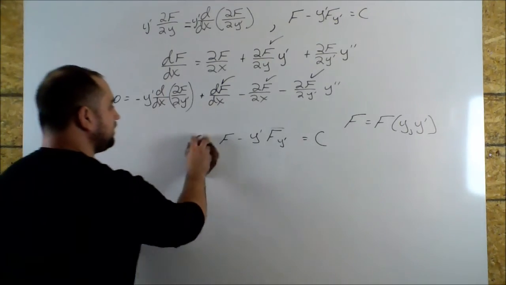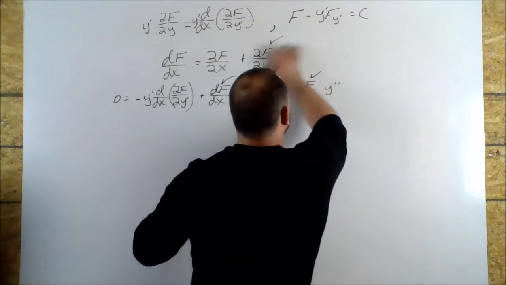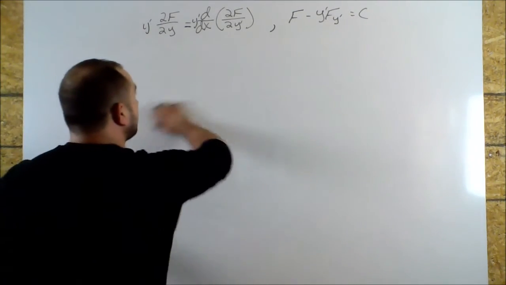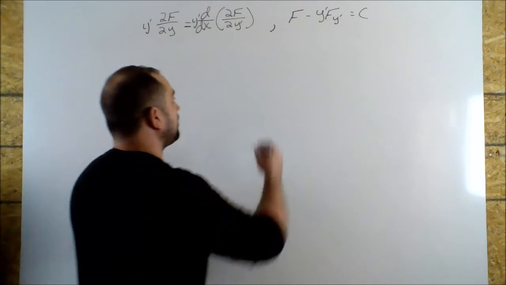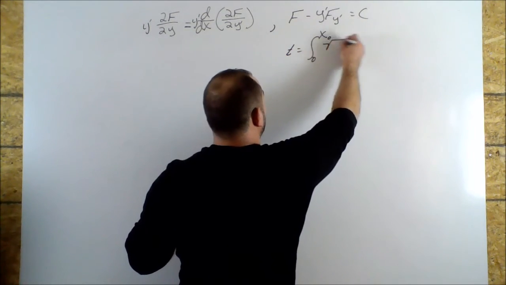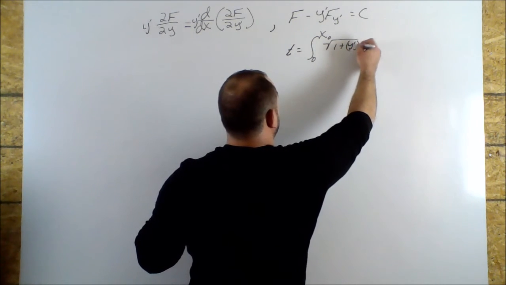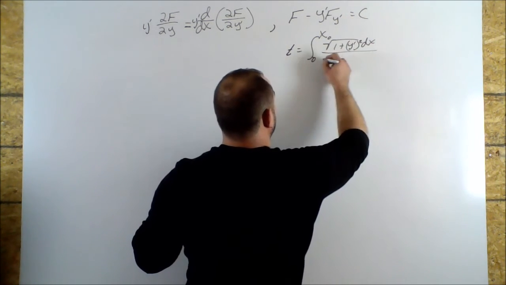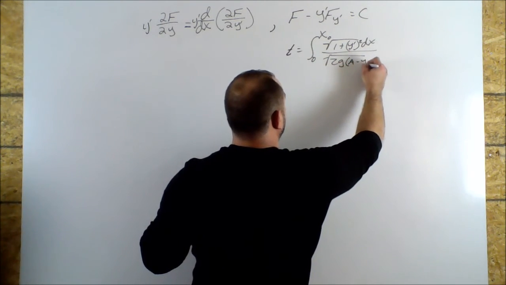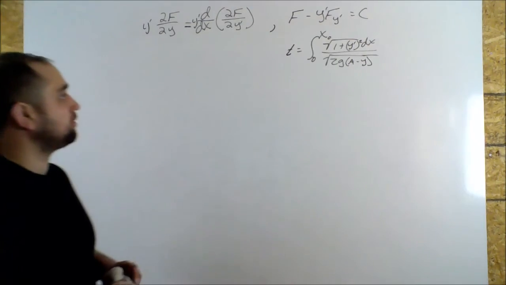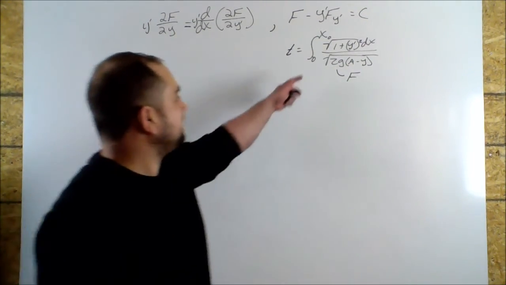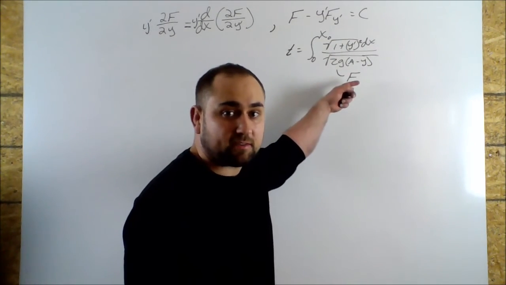Okay, so now going back to our original example where we had t is equal to this guy here. Again, the integrand is f, and it's not explicitly dependent on x.